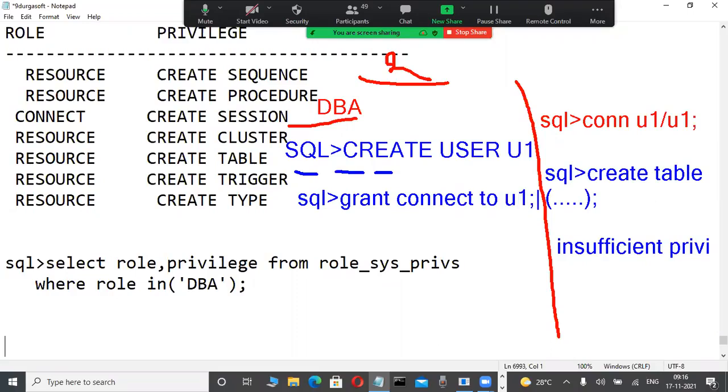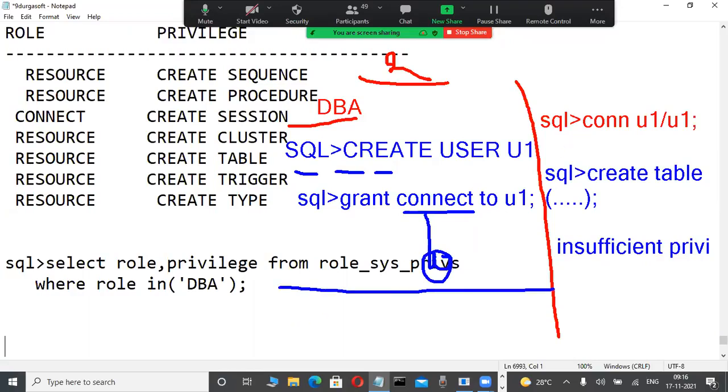But the connect role internally has only the create session system privilege. That's why this user is only allowed to connect to the server, but is unable to create a table, because the create table system privilege is not there in this case. They are giving only the connect role, so the user connects to the server but is unable to create a table.